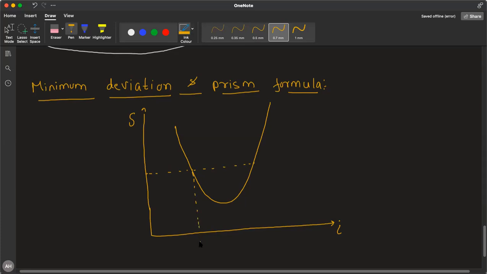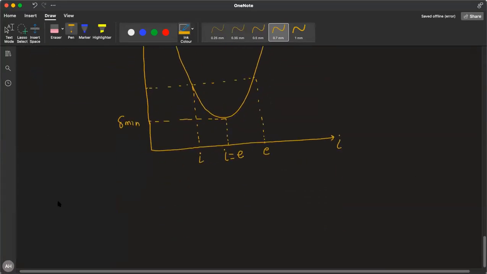One is angle of incidence, another is the angle of emergence. And for this particular value, the deviation is minimum. So when the deviation is minimum, angle of incidence is equal to angle of emergence, I and E both are equal. This is what we call minimum deviation.